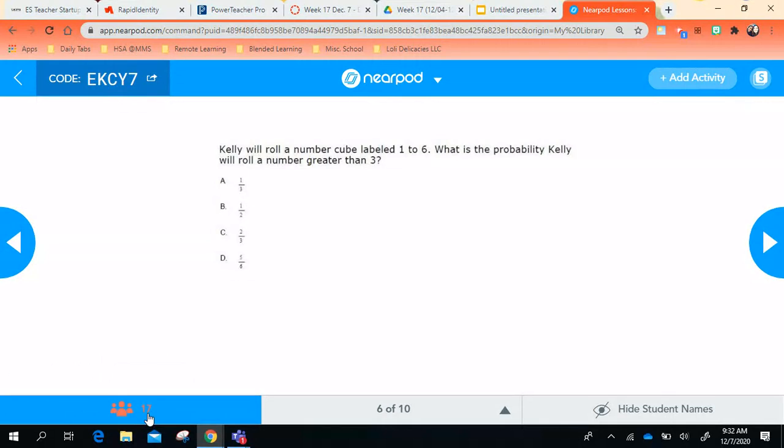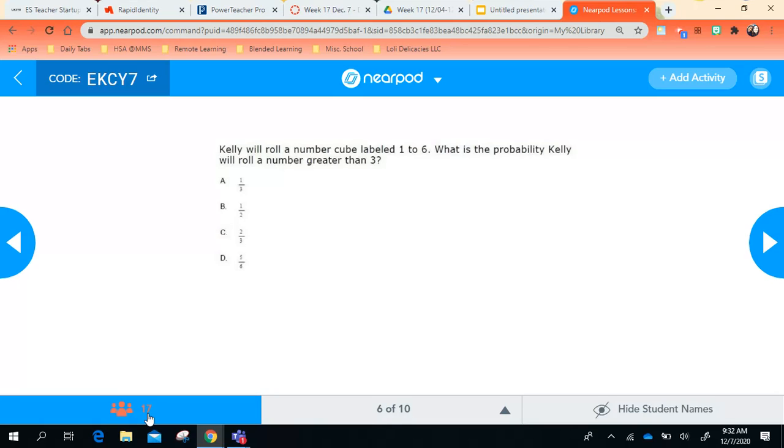Number 1, it says Kelly will roll a number cube labeled 1 to 6. What is the probability Kelly will roll a number greater than 3? So this one's super simple. This is one of the ones that we've been working with. So I want you to go ahead and solve on your own.